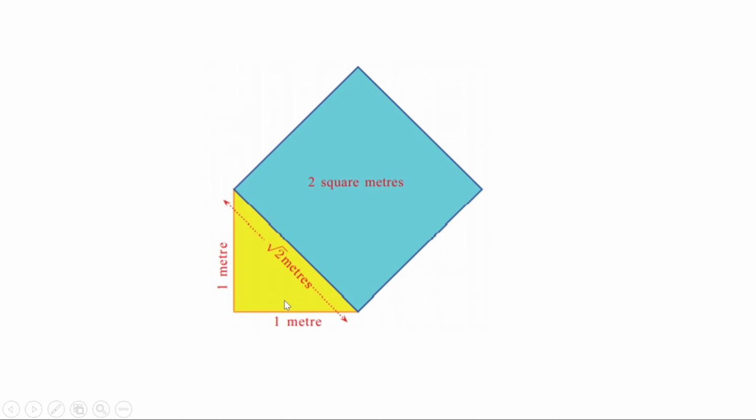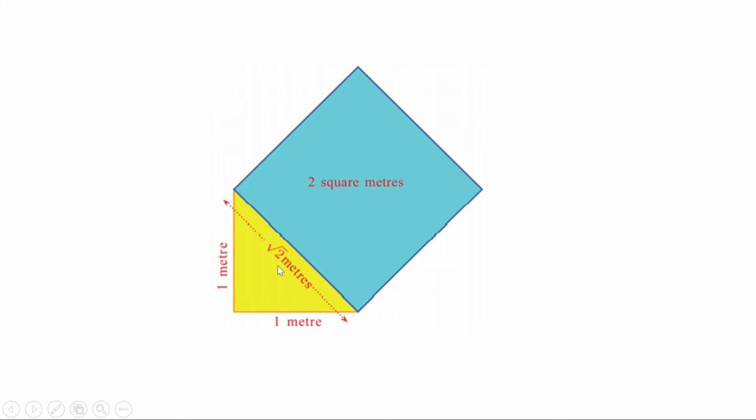That is, the length of a side of a square of area 4 is root 4 or 2. The length of a side of a square of area 2 1 by 4 is root of 2 1 by 4 or 1 and a half. Like this, we write the length of a side of a square of area 2 as root 2.